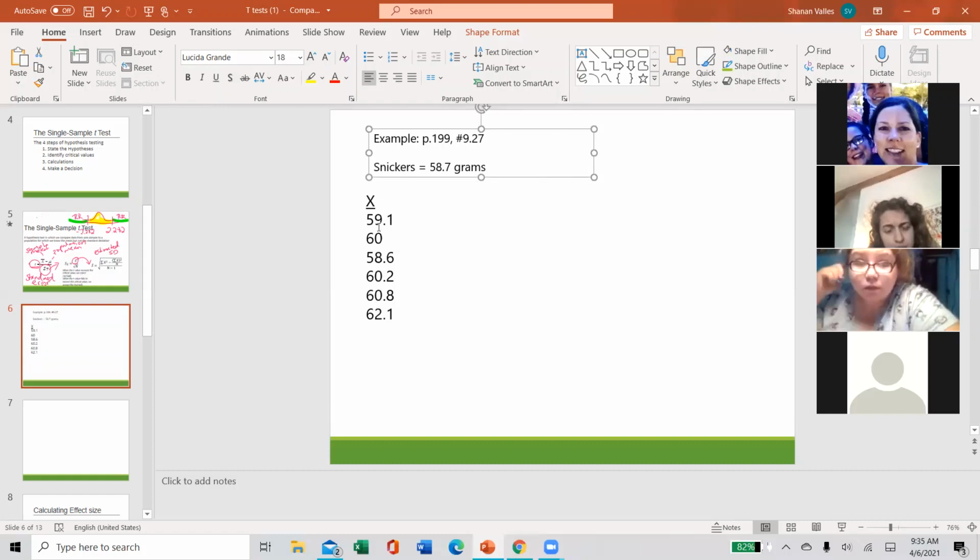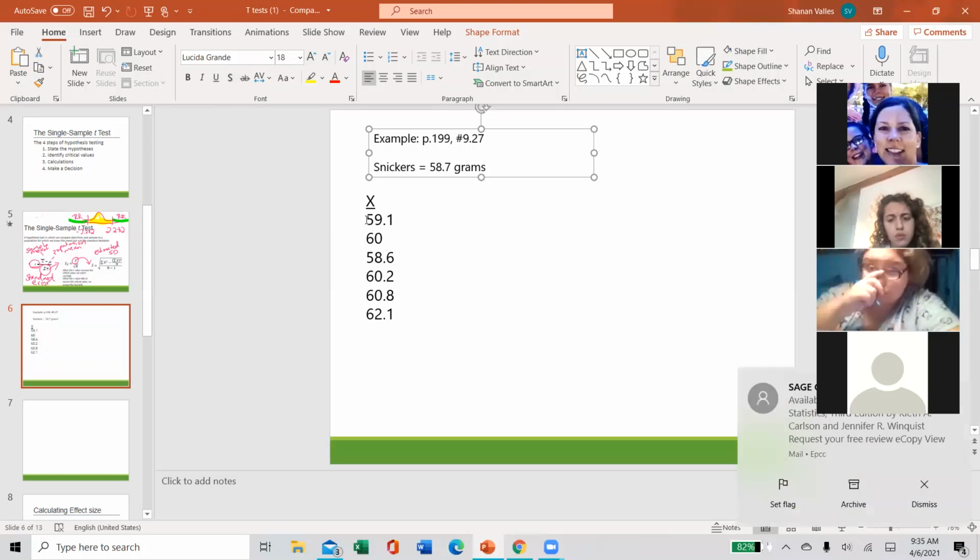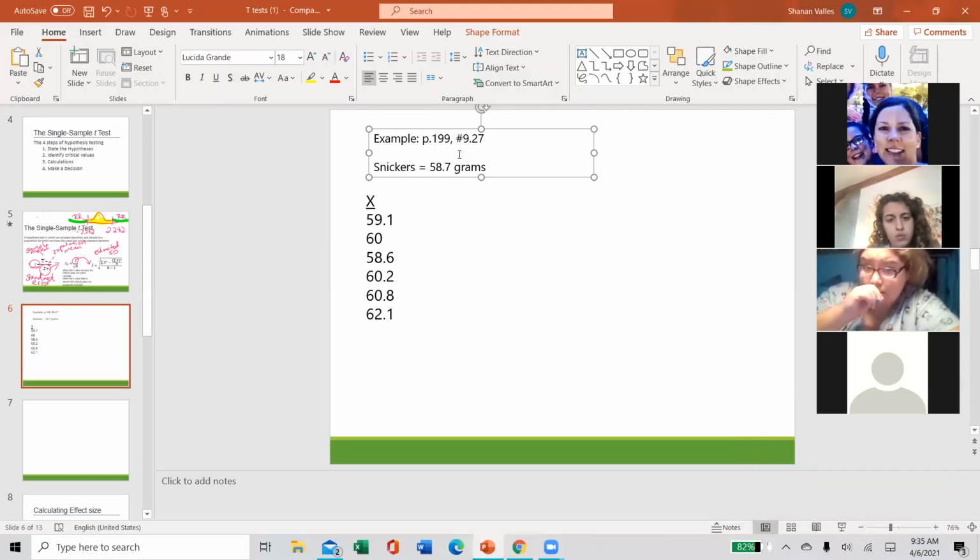So he wanted to see, does a sample of Snickers bars match the claim that the Mars company is telling you Snickers should weigh? And is it going to be statistically significantly underweight?